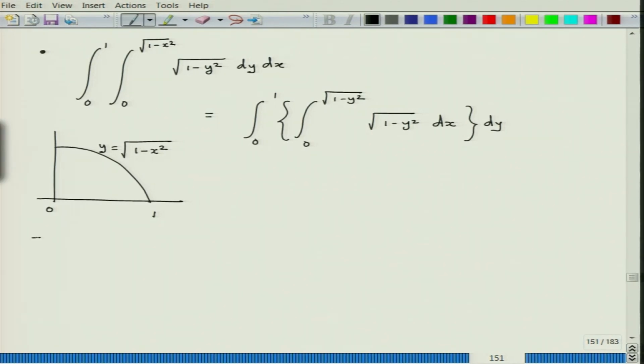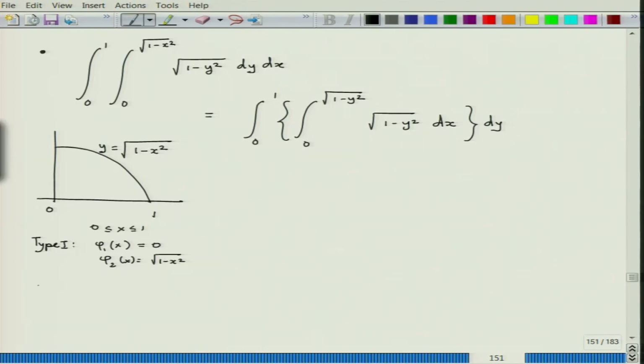So, it is type 1 with x lying between 0 and 1, phi 1 of x is 0, phi 2 of x is root over 1 minus x square.